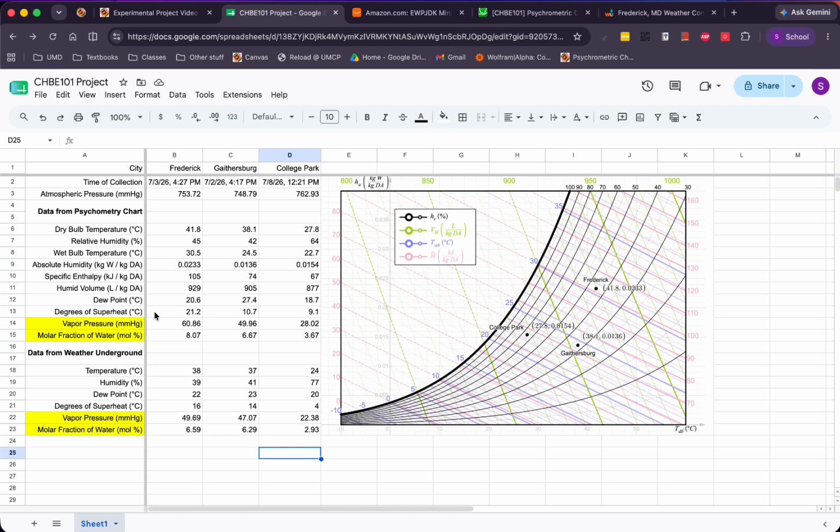And all in all, I found that there is a pretty sizable difference between the data values. I think this is largely because of the fact that the tool I used has a pretty large margin of error, especially for humidity. Plus or minus 5% is a pretty big margin of error for a device like this. So this is what resulted in these large differences in data.